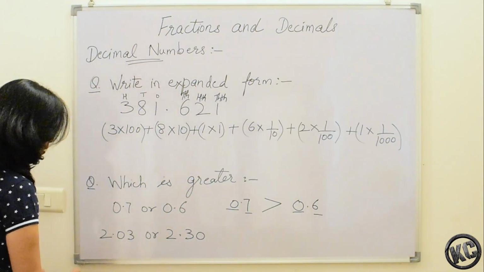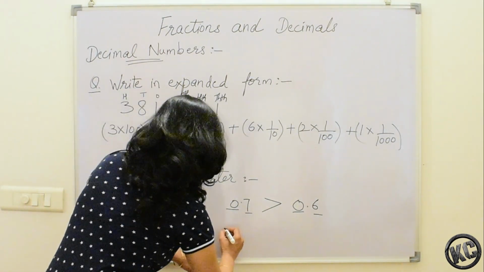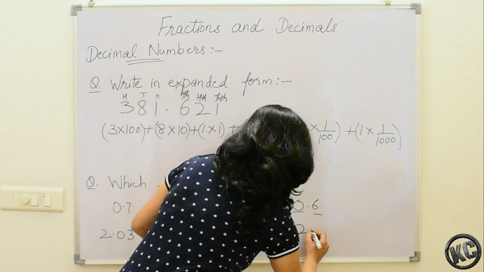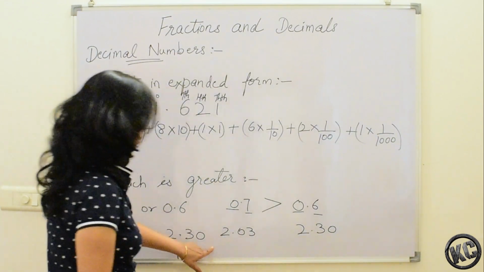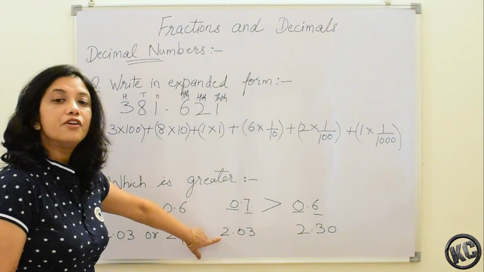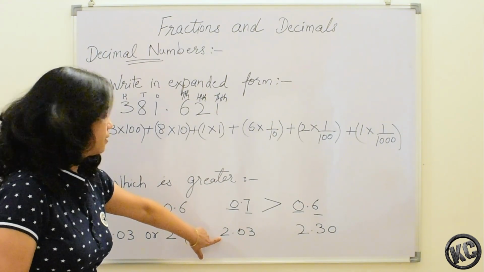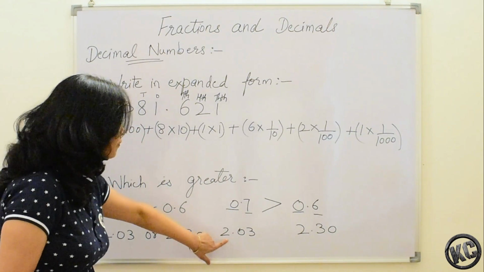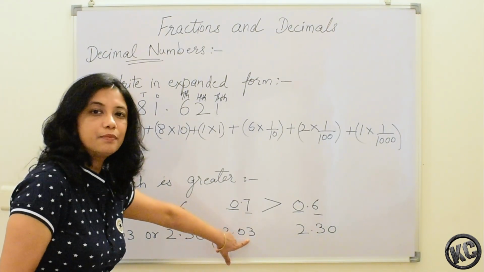Now let us see this number. 2.03 and 2.30. See these two numbers. First we will compare the whole number part. Both have 2, so they are same. Now we will compare the decimal part.